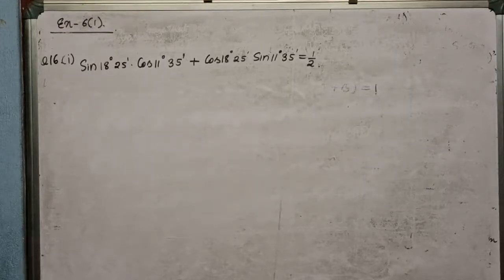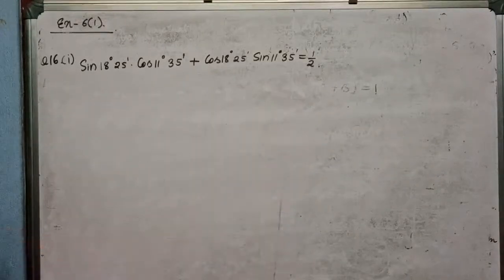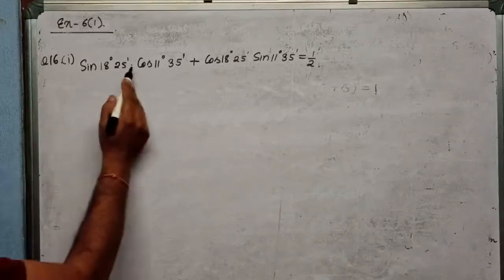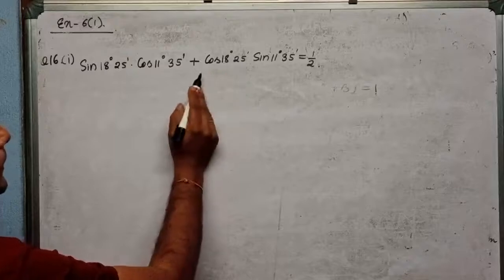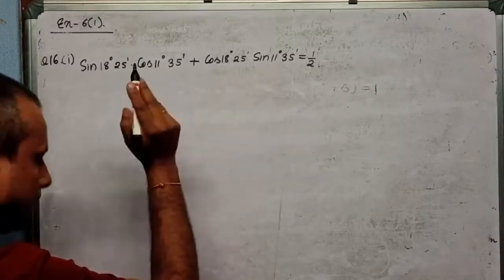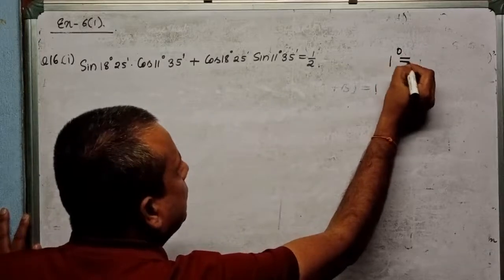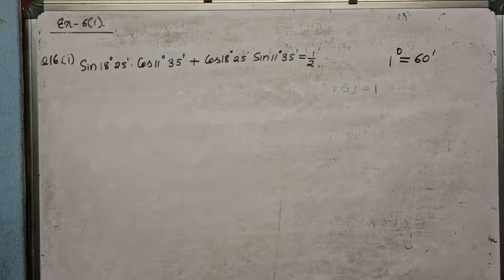And students of class 11, now try to understand. Now this question is given in terms of degrees and minutes: sine 18 degree 25 minutes into cos 11 degree 35 minutes plus cos 18 degree 25 minutes sine 11 degree 35 minutes. In mathematics, you just have to remember 1 degree is equal to 60 minutes.